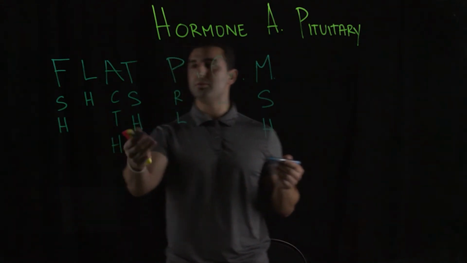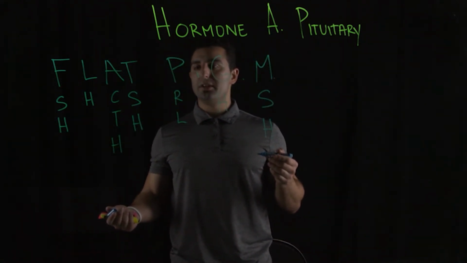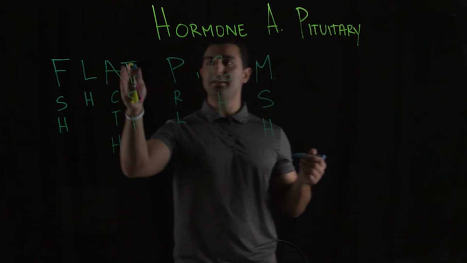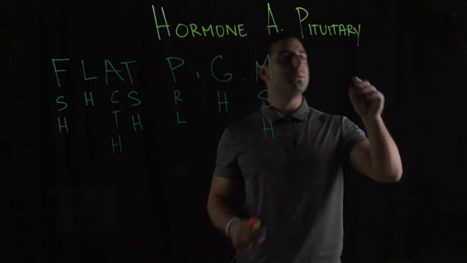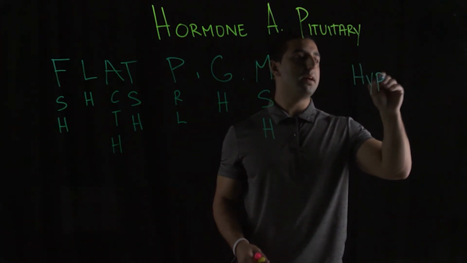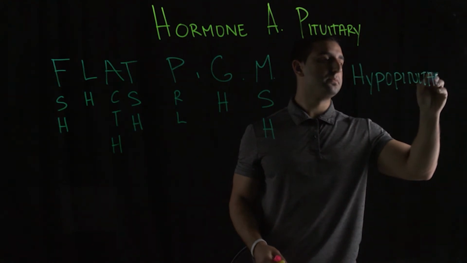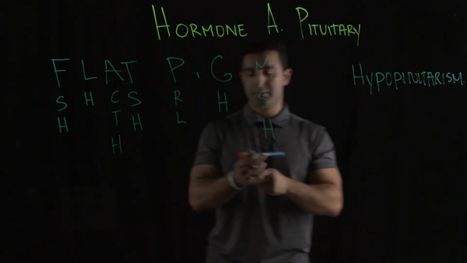A couple of conditions that I want you to really know: basically, each abnormality can lead to some kind of problem. One condition is called hypopituitarism, right? So what does that mean?